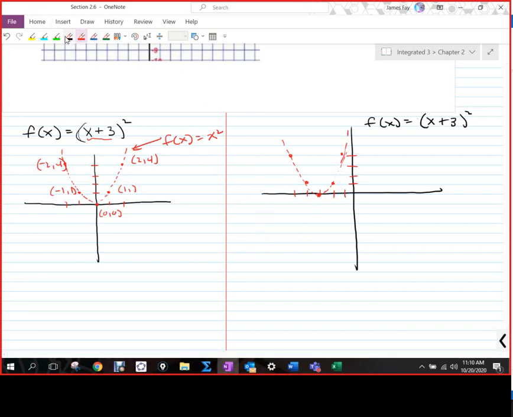Now, if I were to put a negative out in front, and this is what we talked about yesterday, if you take a negative out in front, what that's going to do is it's going to take this graph right here, and it's going to flip every one of those points across the x-axis. So it's going to come down here. That point, obviously, is on the x-axis, so it stays. But this point's going to go down to negative 1.